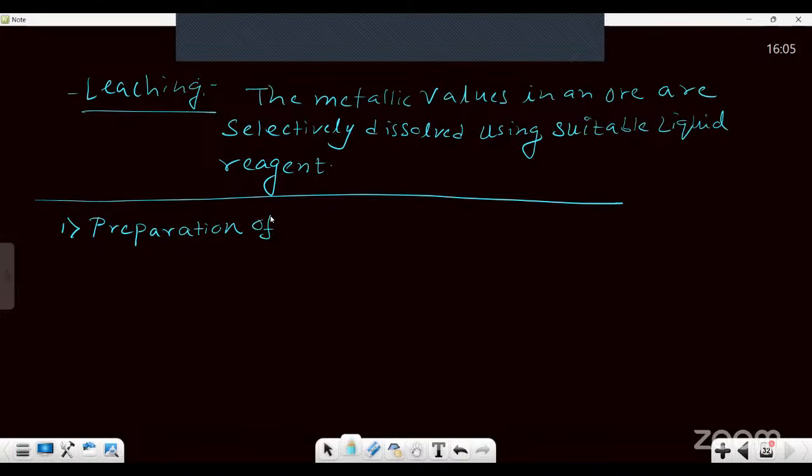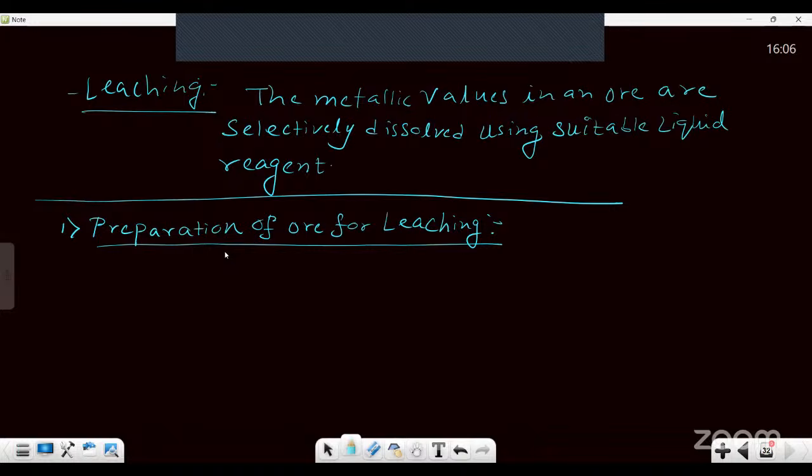This includes grinding and the physical concentration of the metallic values, for the removal of specific impurities and so on. So these are all important.